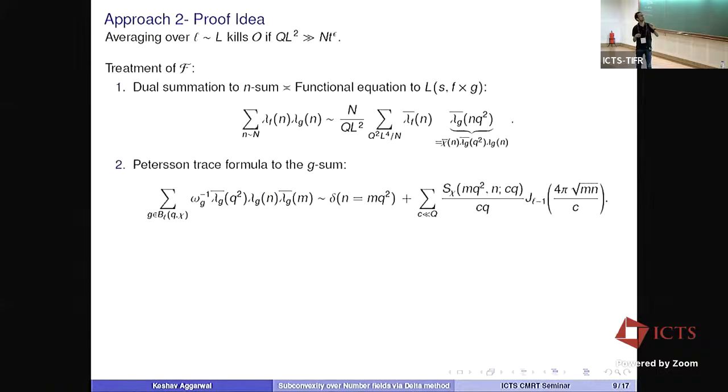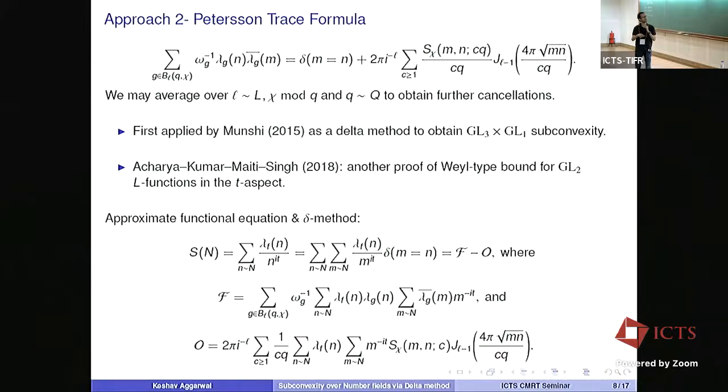Good. So what are the steps? The first, or the 0th step, is that if you average over the weights, so once again, you can choose the family of this Petersson trace formula, then you are able to make sure that this particular sum is as small as you would like. So you can get polynomially strong savings.